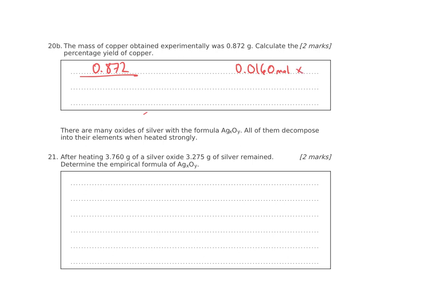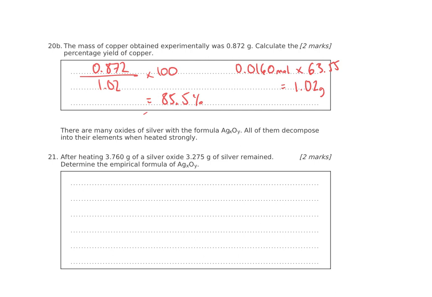So moles times RAM, 63.55, is going to give me my mass, 1.02 grams. So that's our theoretical yield, that's the maximum we could have made. So 1.02 times 100 to get our percentage gives us 85.5%.